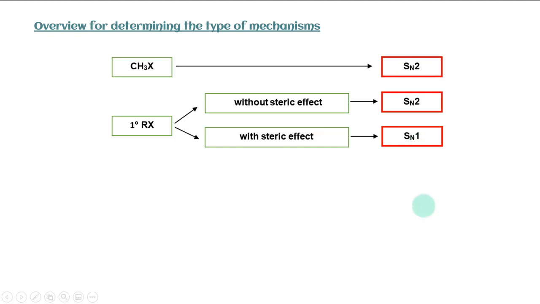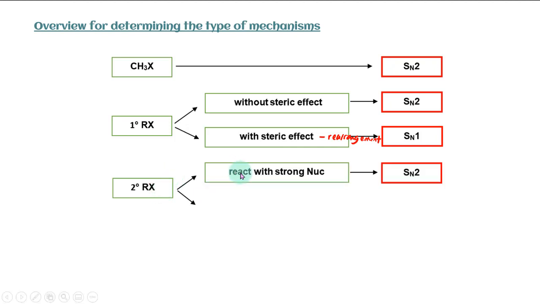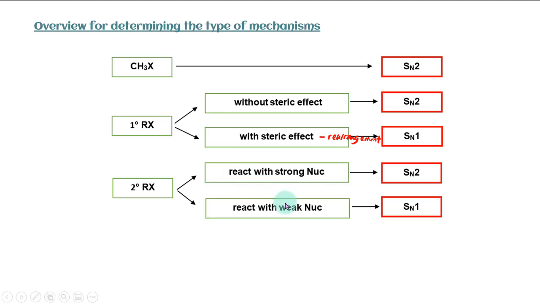So the one with steric effect normally involves rearrangement. For a secondary haloalkane, it can undergo both SN1 and SN2, being reactive towards both mechanisms, so you have to look at the strength of the nucleophile. If you have a strong nucleophile, remember strong nucleophile is required for SN2, so it will attack from the back and push away the leaving group, proceeding via SN2. If the question gives you a weak nucleophile, you can only choose to proceed via SN1.